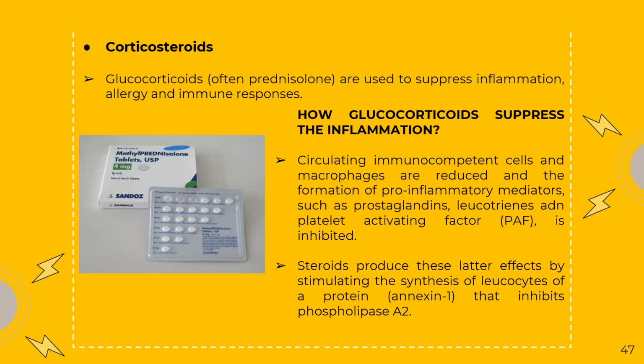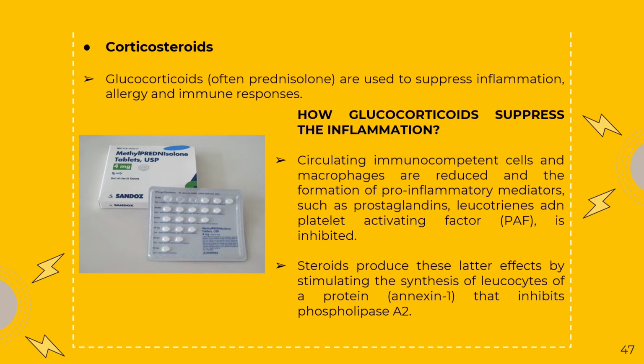Let's go to the second one, which is steroidal anti-inflammatory drugs, which are highly potent anti-inflammatories compared with NSAIDs. So, we have prednisolone, which is one of the glucocorticoids frequently used to suppress inflammation and immune responses in rheumatoid arthritis. This drug will stimulate the synthesis in leukocytes of a protein, annexin 1, that inhibits phospholipase A2.